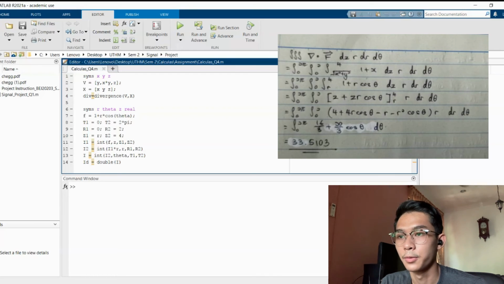Recognize also that f is equal to 1 plus r cos theta, and after that, the limits of theta must be put in the calculations. Other than that, we also need to put the limits for r and z, and we also need to perform the z integral and the r integral. Also, do not forget the theta integral. So we convert the symbolic value to double precision.